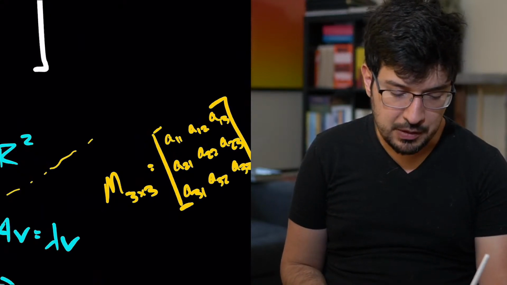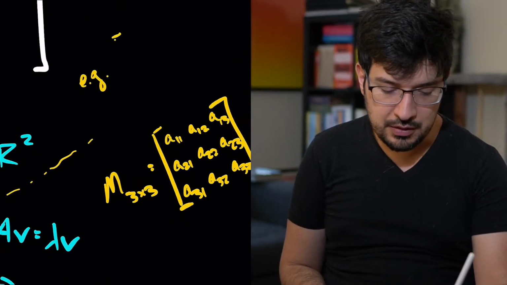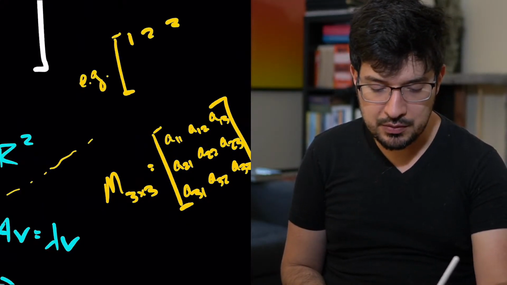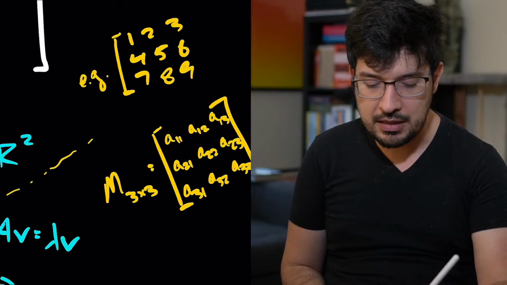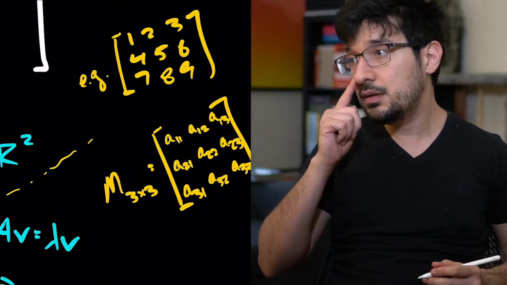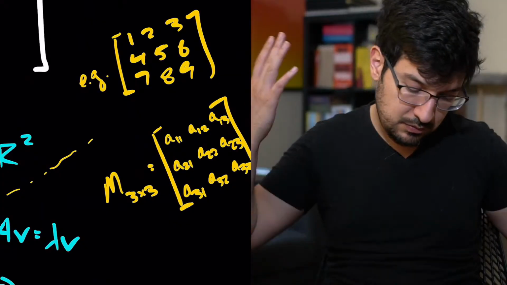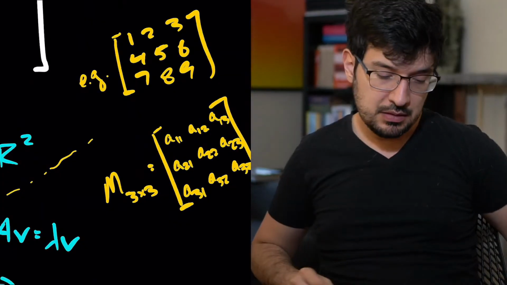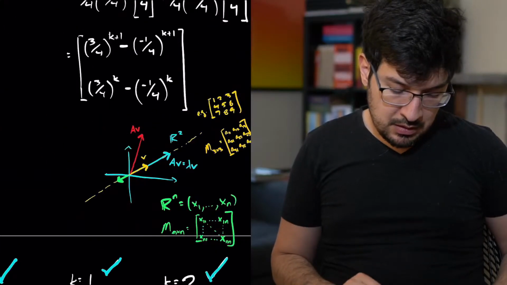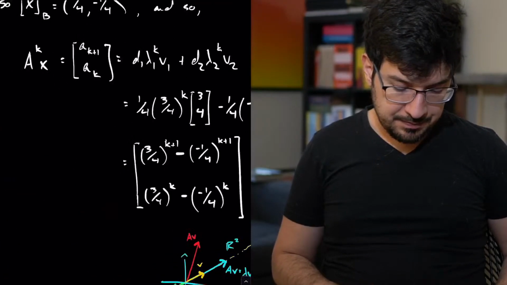Like, for example, you could have the matrix 1, 2, 3, 4, 5, 6, 7, 8, 9, for example. That's a matrix. It's a block of 9 numbers. I hope that answers your question.